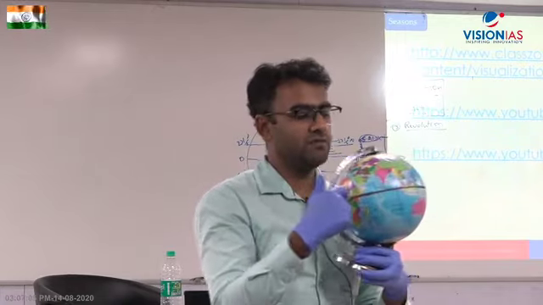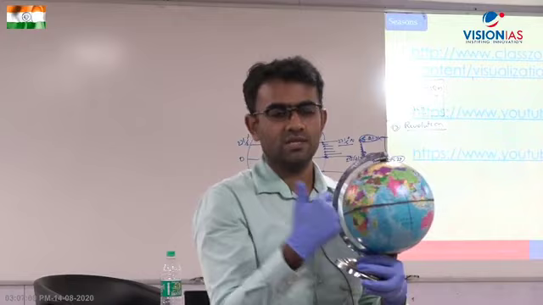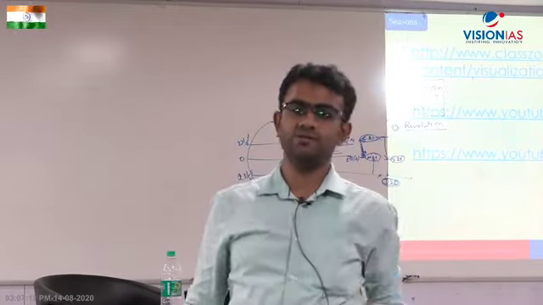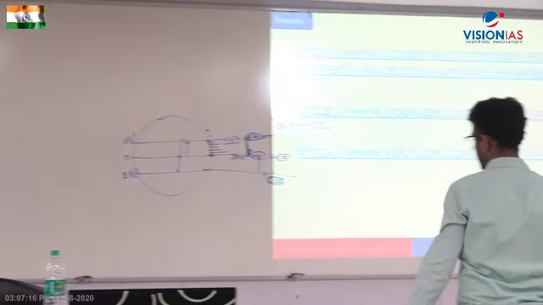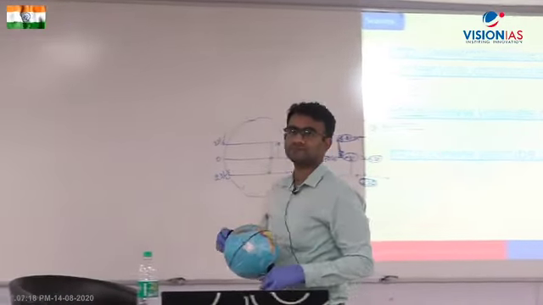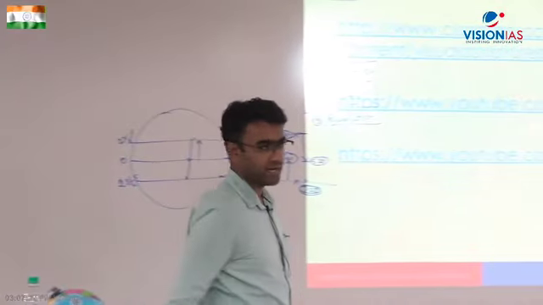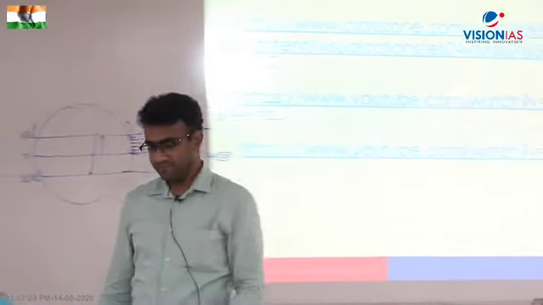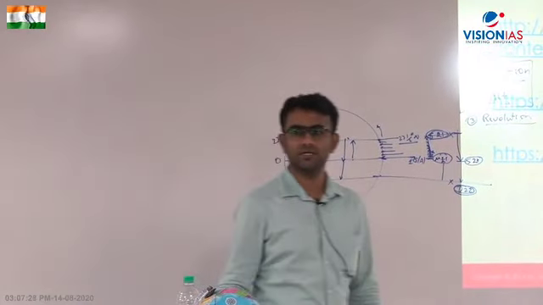So basically half the side will experience day for 6 months, and the other half of the side will experience night for 6 months. That is correct. 6 months of day, 6 months of night. That is the answer.